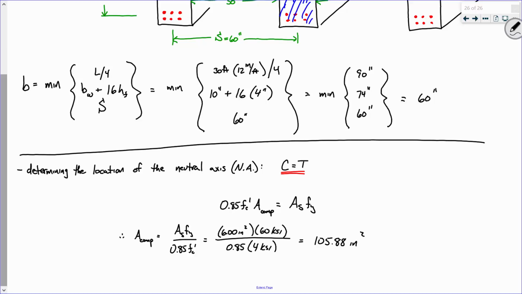Sound good? All right, now, I propose that in order for compression to equal tension, I must have a compressive stress block that has an area of 105.88 square inches. Everybody okay with that? Okay, now, let's look at the beam and see what's going on.